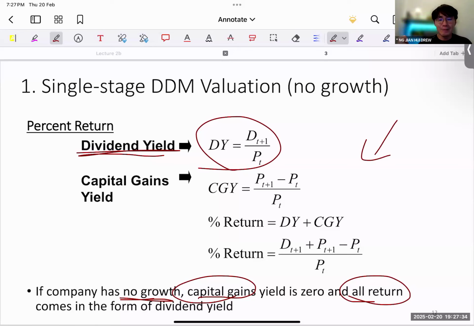So sometimes questions want you to think a bit, so bring in this concept as well. A stock has capital gains and dividend gains. If everything is being paid in the form of dividends, then there's no growth, which means there's no capital gain.